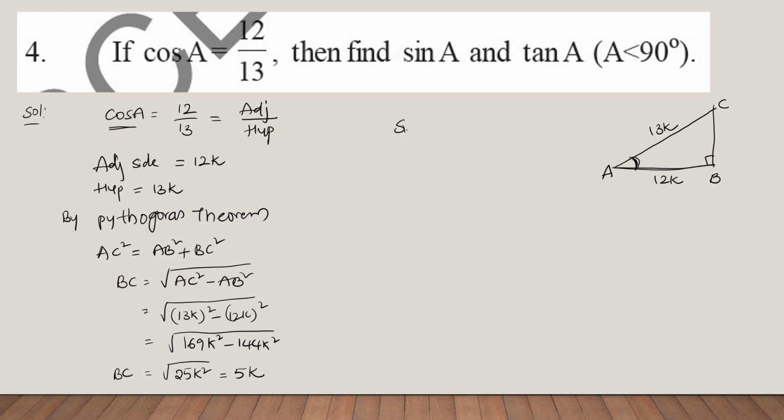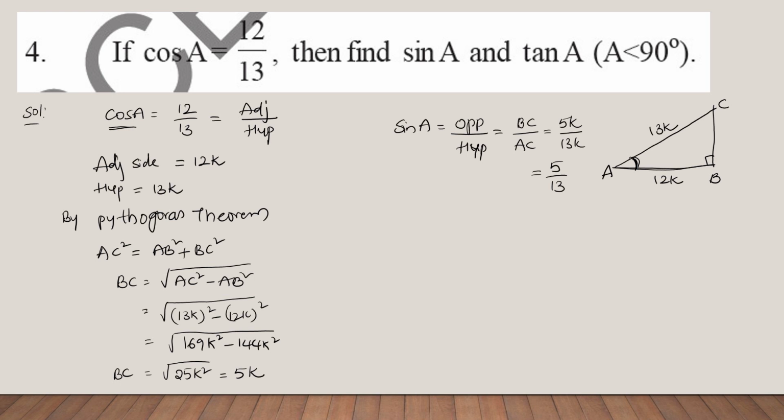Now sin A is opposite side to A by hypotenuse. What is the opposite side to A? Opposite is BC by AC. BC is 5k divided by 13k, which gives 5 by 13.